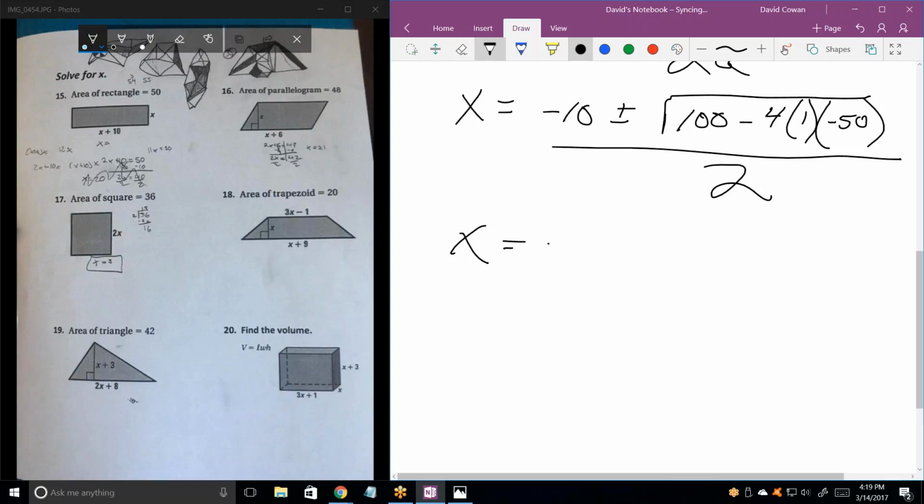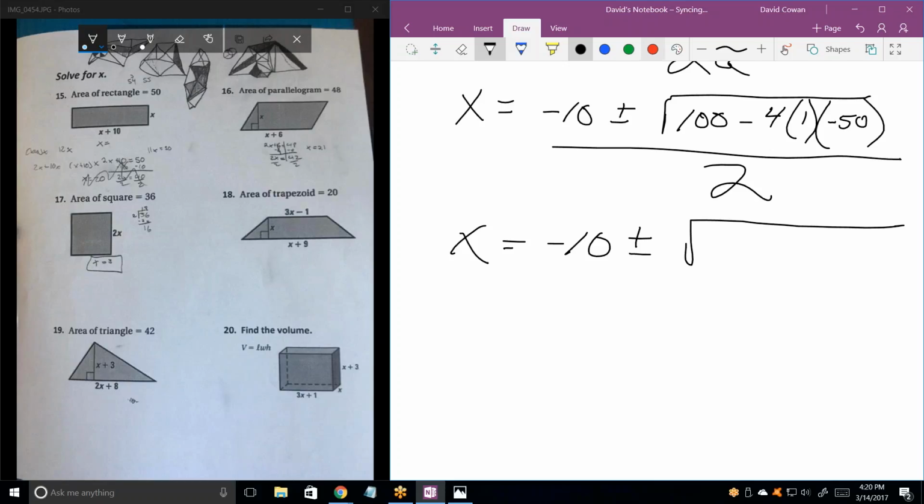x equals minus 10 plus or minus, what goes inside the square root now? That'll be 100 minus, and then multiply negative 50 times 4. So, negative 200. Okay. That'd be negative 100. Well, notice it's really easy to make a mistake here.